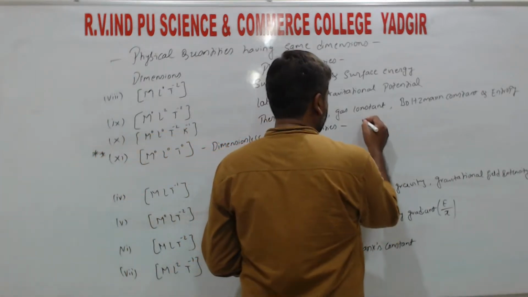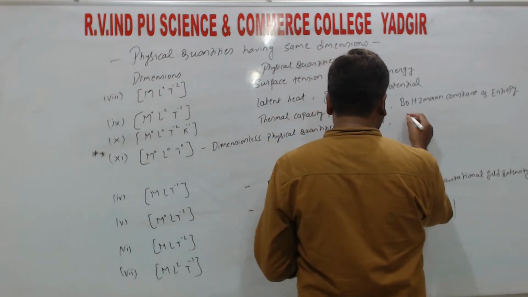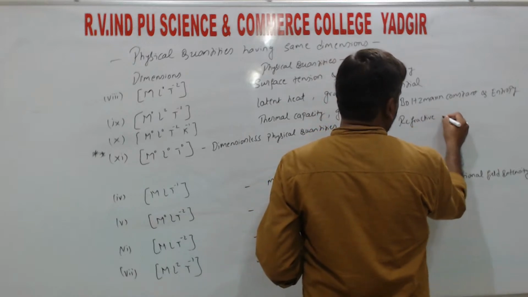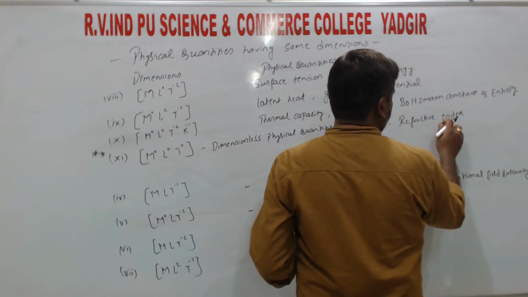So that one is the strain. In the next chapter we discuss quantity strain, refractive index, right?